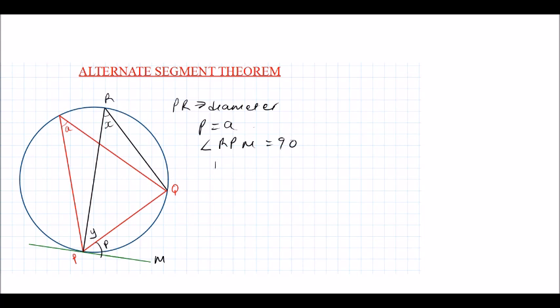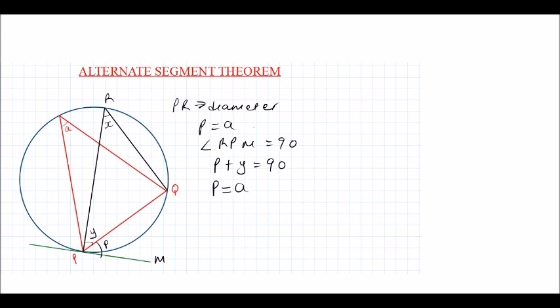Let's call this angle Y. So this means that P plus Y is equal to 90, and P is equal to A. That means that if P plus Y is equal to 90 and P is equal to A, then Y is equal to P, which is equal to A.